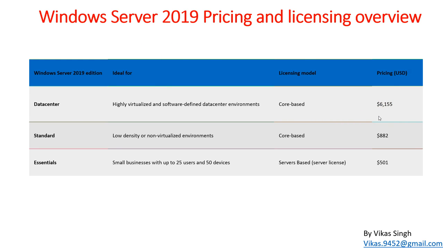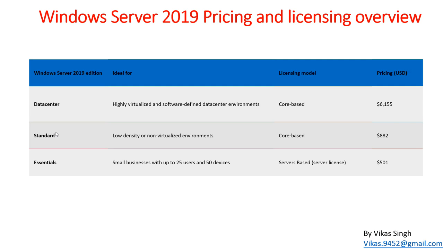If you talk about Windows Server 2019 Standard, it is for low density and non-virtualized environments. So Standard is not recommended where you want to run multiple virtual machines on your physical host.